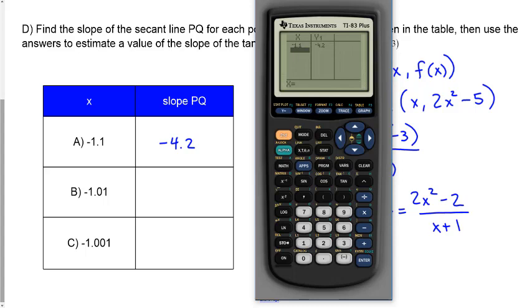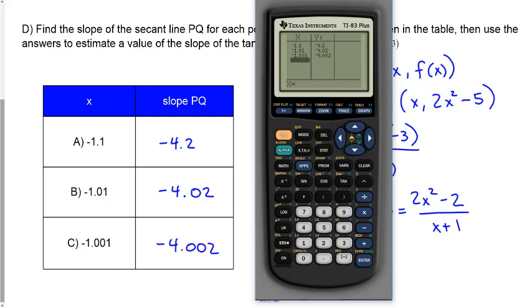And I can get an answer. I can get closer and get another slope. It's a little bit closer as well, so negative 4.02. I can get even closer, negative 1.001. Still get an answer, negative 4.002.